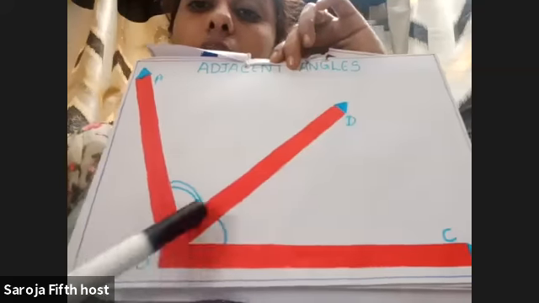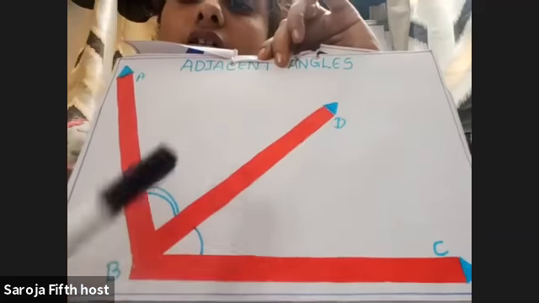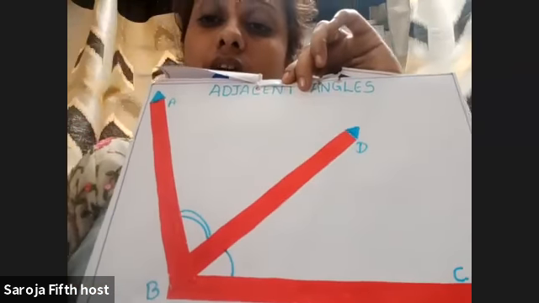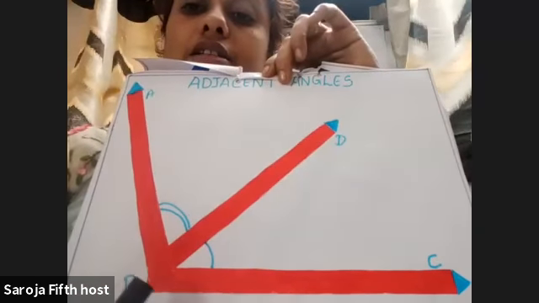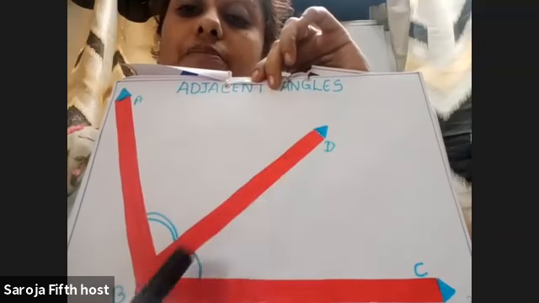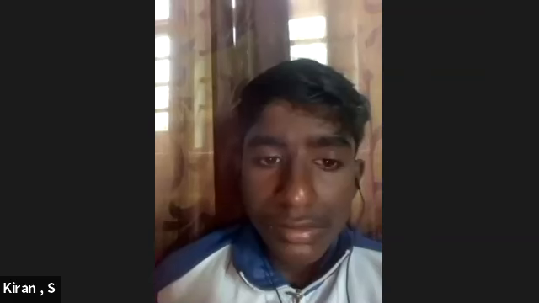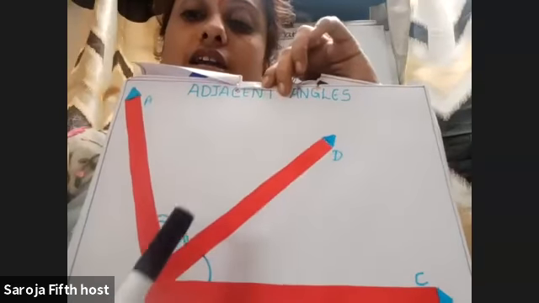Here BD is a common arm for these two angles, that is, DBC and ABD. These two are adjacent angles.